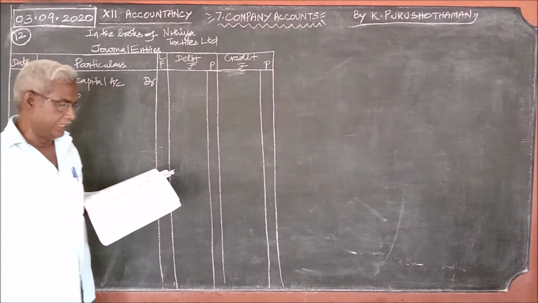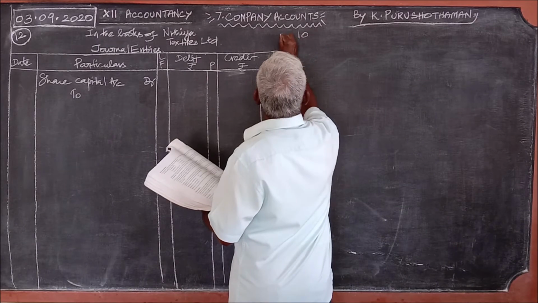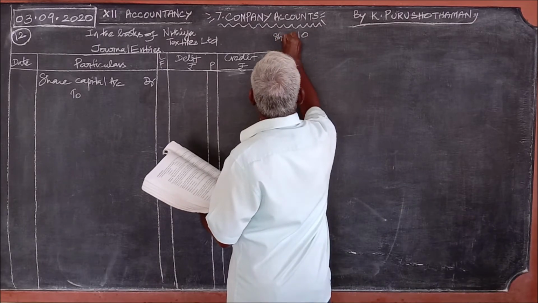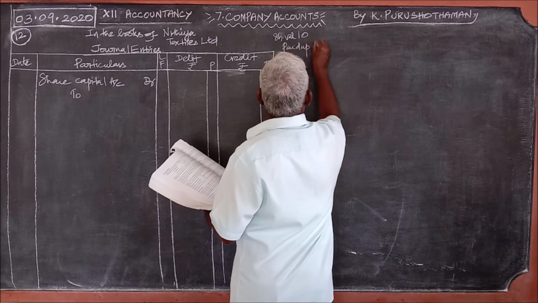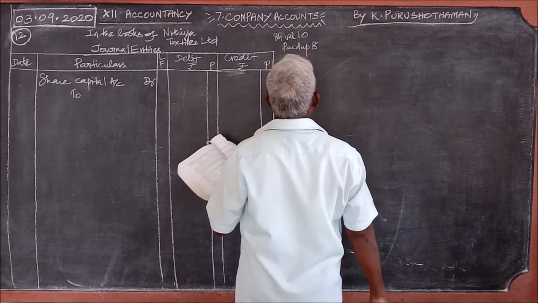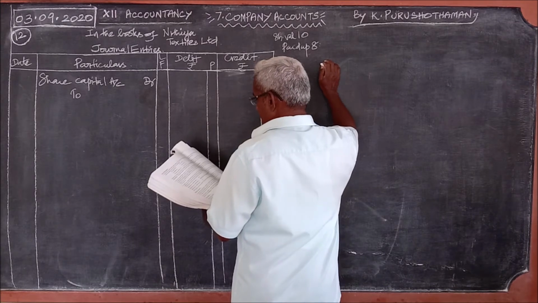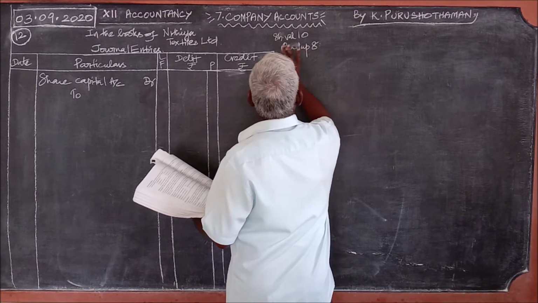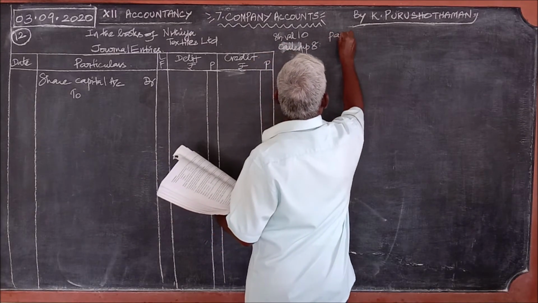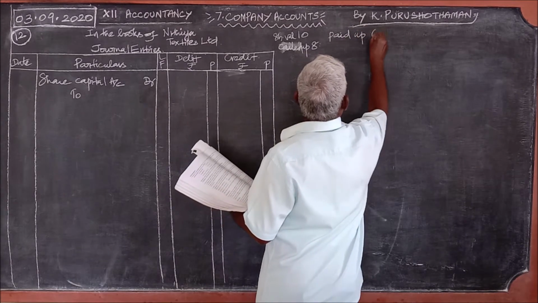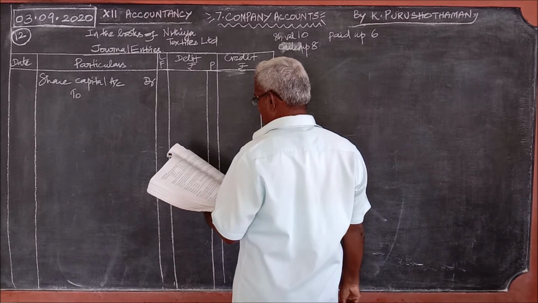Listen carefully here. Total share value is rupees 10. Called up is 8, paid up is only 6. For this, we should pass journal entries.